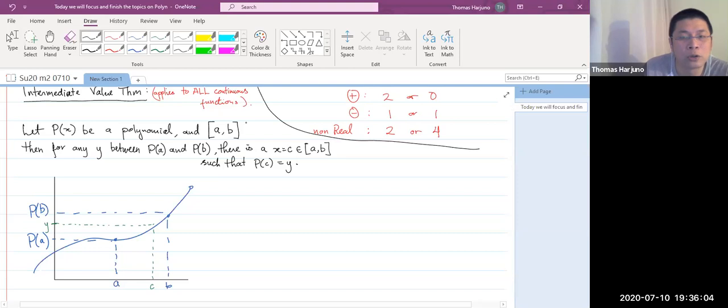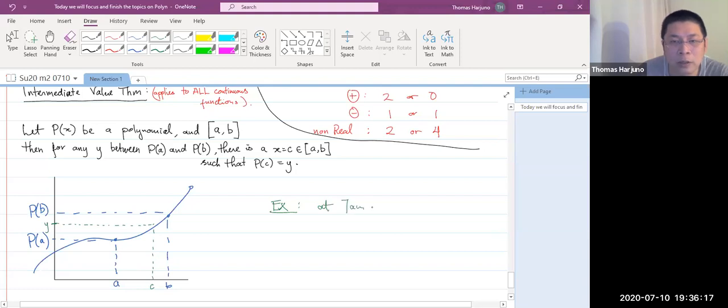Okay, so I'll give you a small illustration in our daily life for this. For example, at 7 a.m. this morning, let's say the temperature was 20 degrees Fahrenheit.